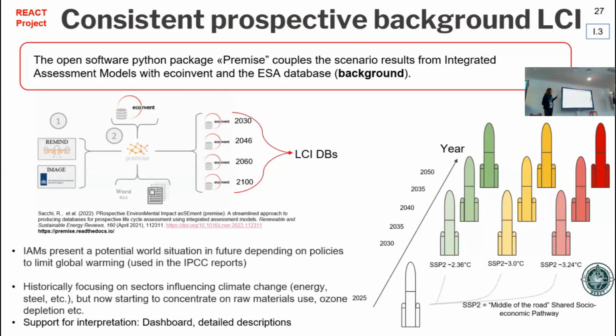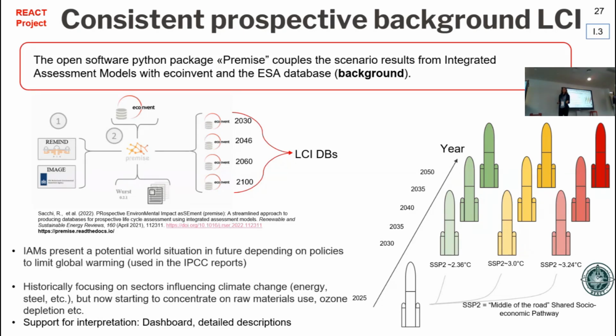So what we do in ACT is we use a Python package which we have developed at PSI, which takes the Ecoinvent background database and puts it together with the scenarios from integrated assessment models. This way we can show scenarios for how the world would look for different increases of global mean temperature for these time steps.